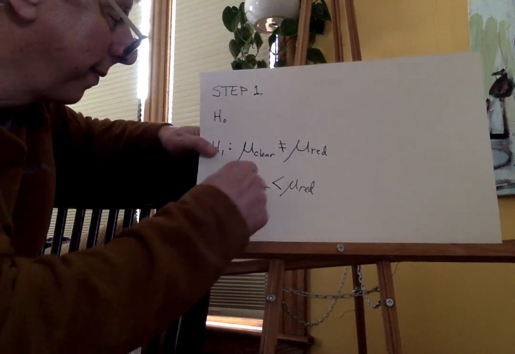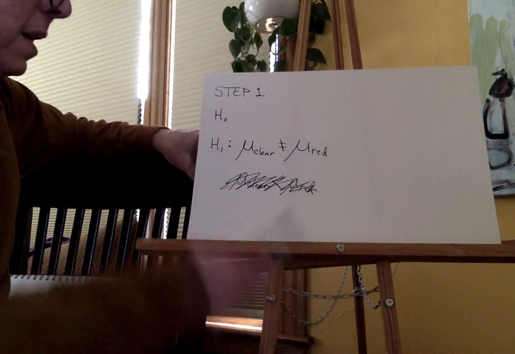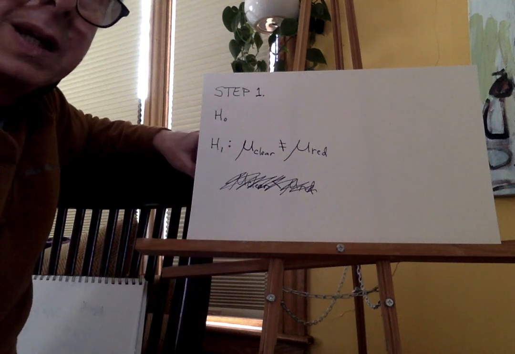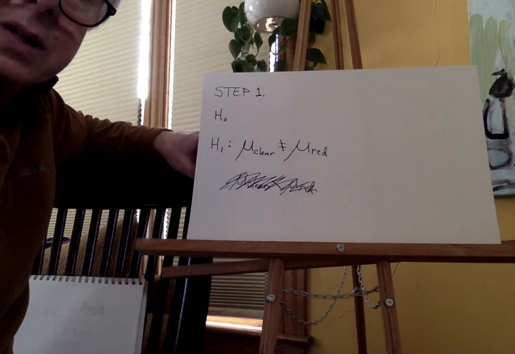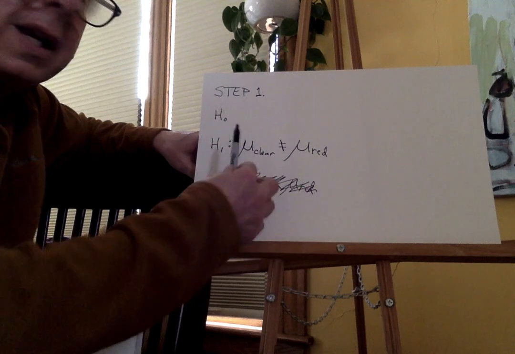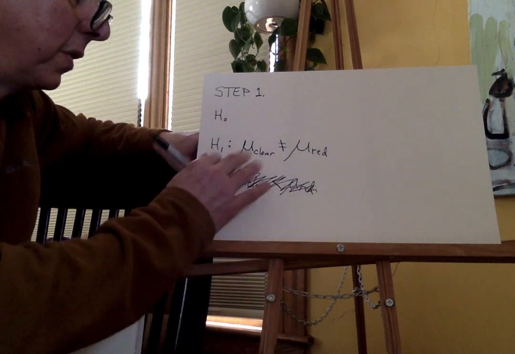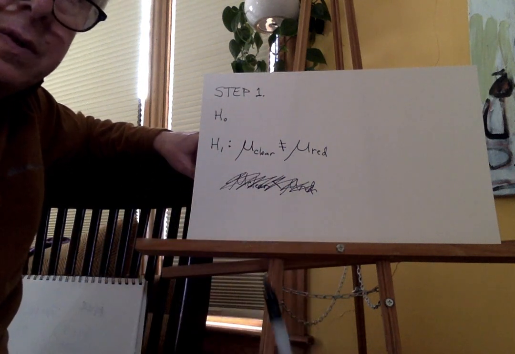So I'm not going to do that. This kind of hypothesis will allow me to make decisions about whether the red increases the sweetness ratings or it decreases. Okay? So red increasing the ratings is a subset of this. So this is called bidirectional. I can see either direction.